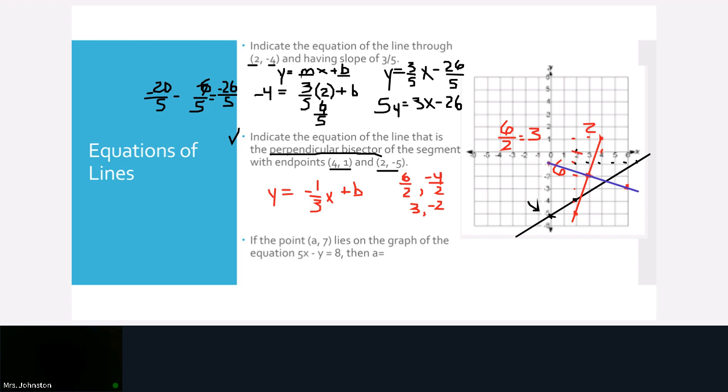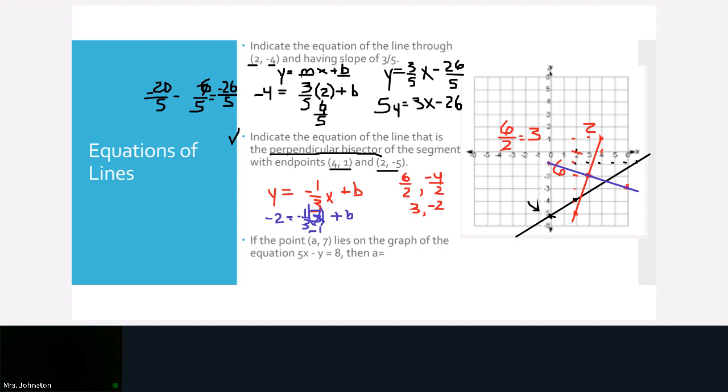So I can always use that same technique I used before by putting in -2 for y and 3 for x and calculating it. -2 equals -1/3 times... whoops, I forgot to put the 3 in, okay. Put some parentheses around it. -1/3 times 3 is -1.